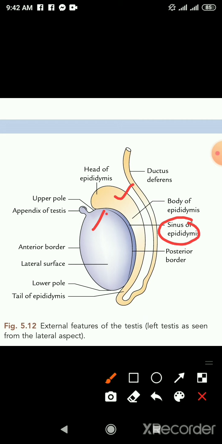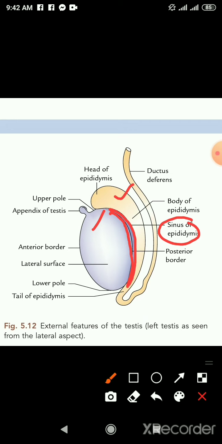So this is the sinus of the epididymis. One thing we told, that the sinus of the epididymis helps in determination of the side of the testis. So sinus of the epididymis usually lies posterolaterally.